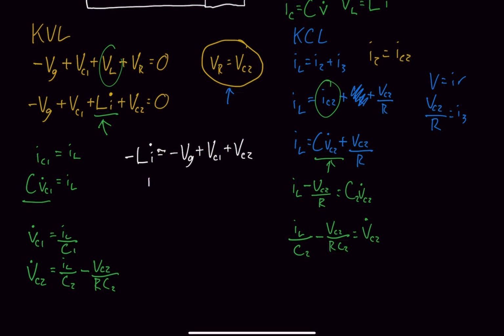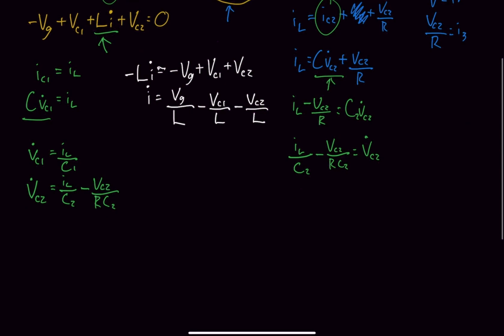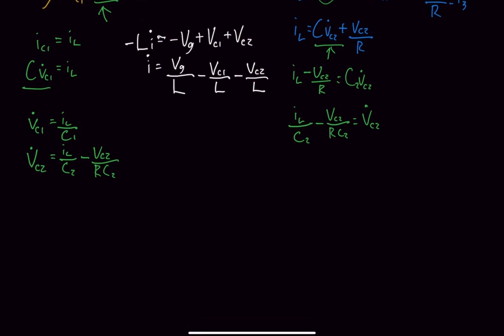Now I dot equals VG over L minus VC1 over L minus VC2 over L. And that is our third equation. So I dot L equals, I'm going to write the VG last, negative VC1 over L minus VC2 over L plus VG over L. Cool.